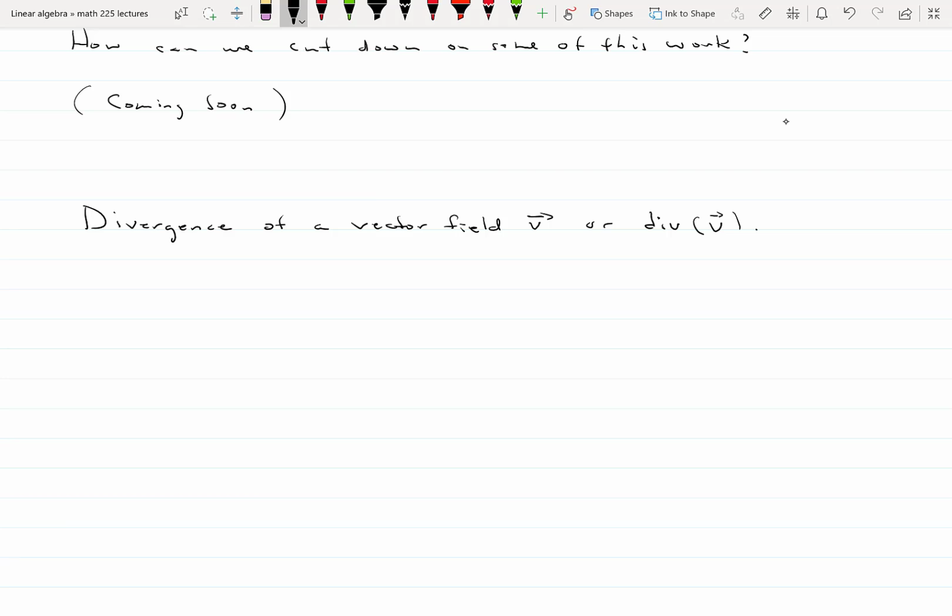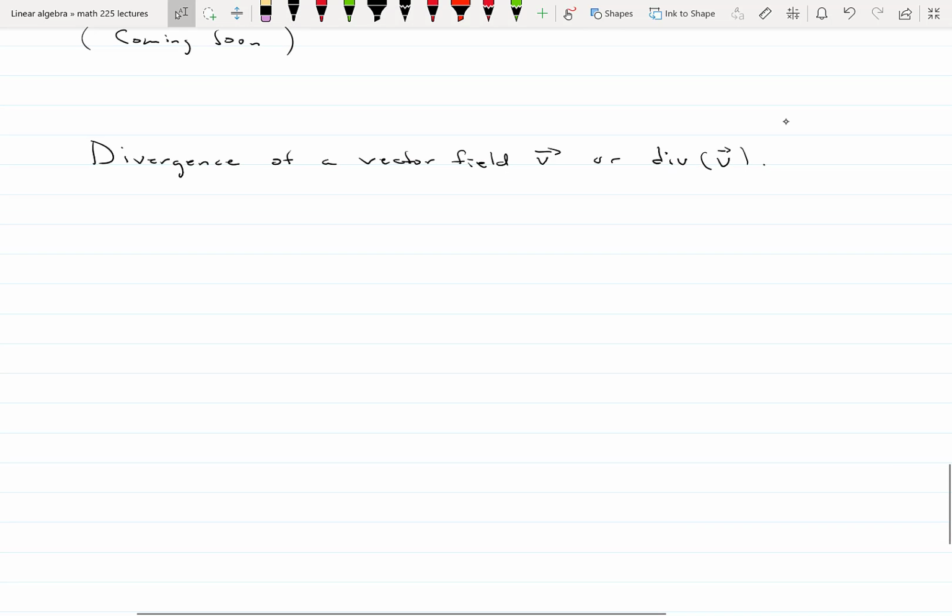It doesn't need to be velocity in general in physics to have the concept of divergence, but it really helps for us to do this intuitively. So let's let the vector V equal V of x, y, z. So V is a vector that depends on the location of a point x, y, z. So V is a vector associated with a point.